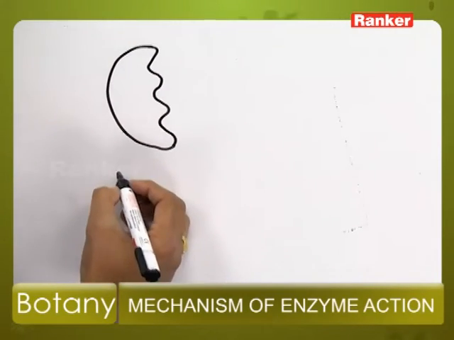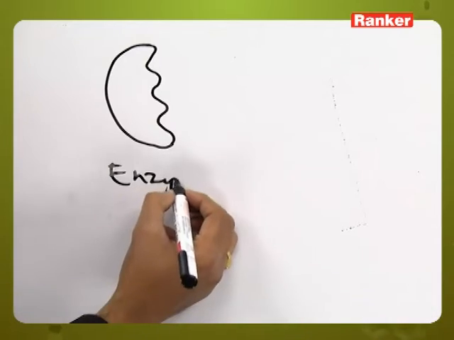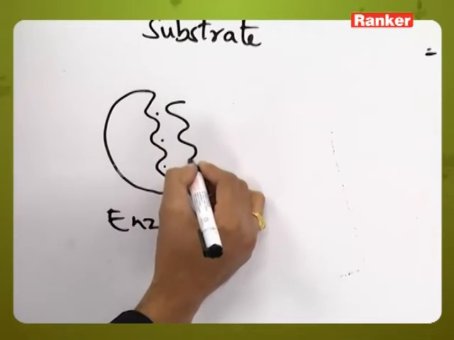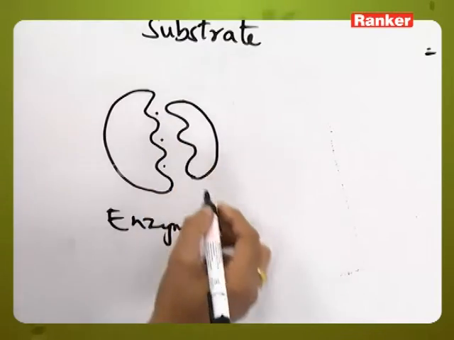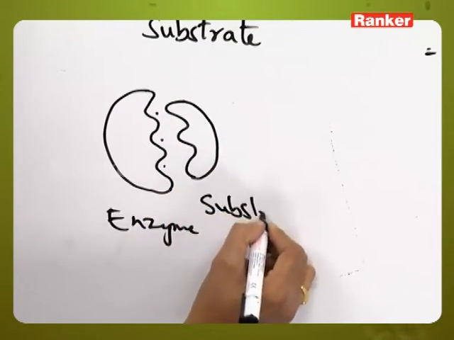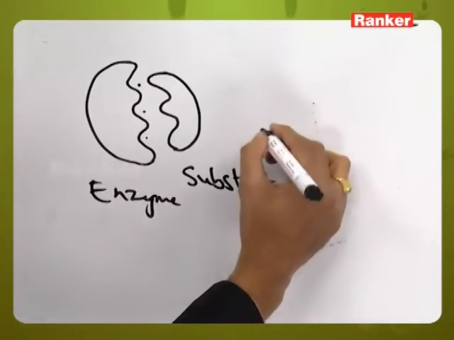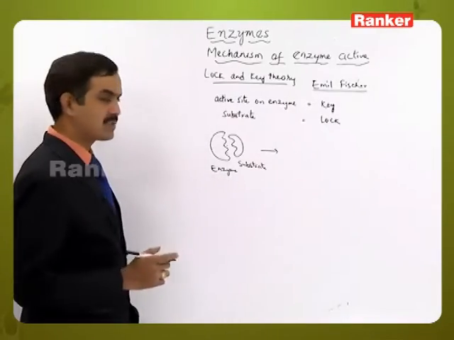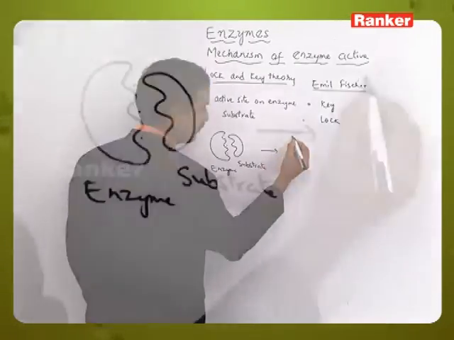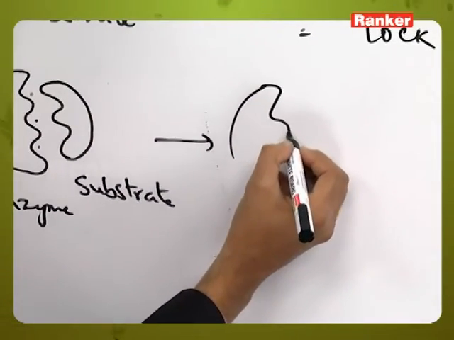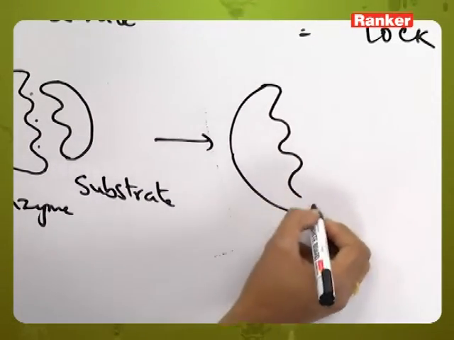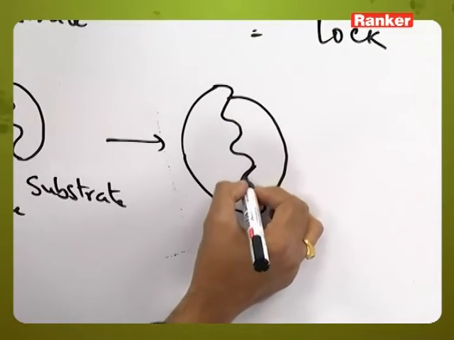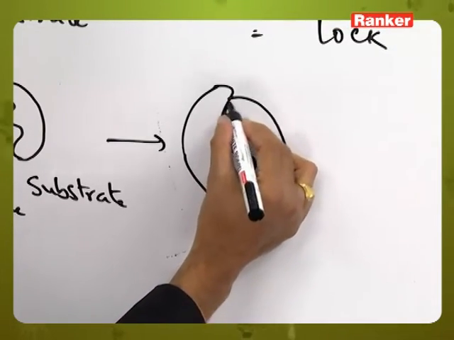Consider this as an enzyme molecule which is having the active sites on it. These are the active sites, and this is a substrate molecule. When the substrate exactly fits into the active sites of the enzyme molecule, it will be converted into a product through a transition and intermediate structure.